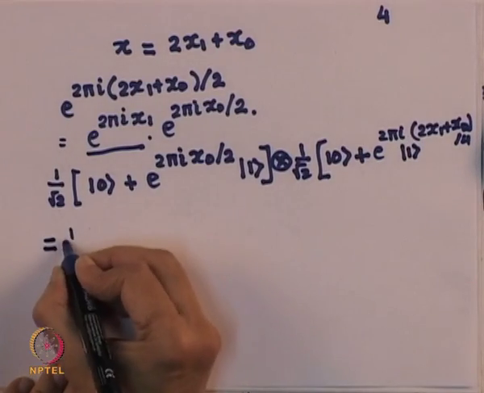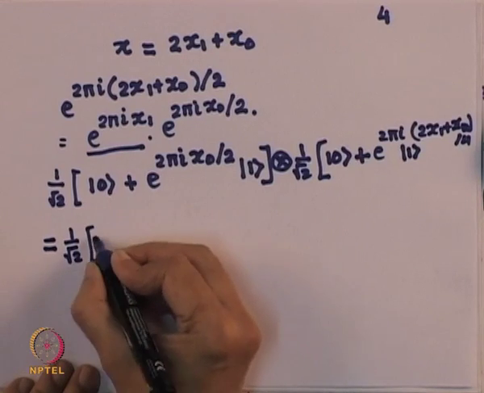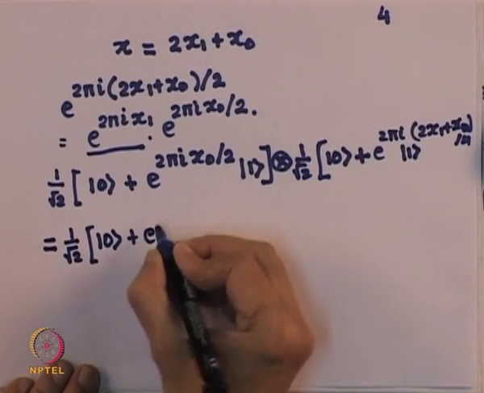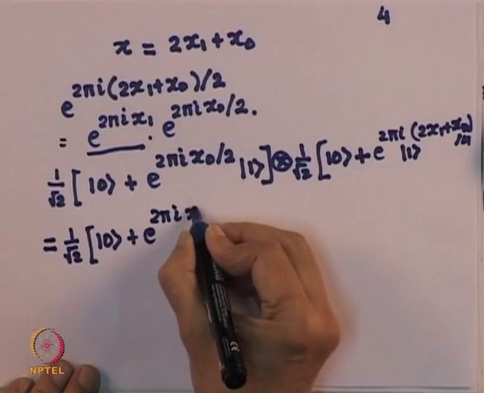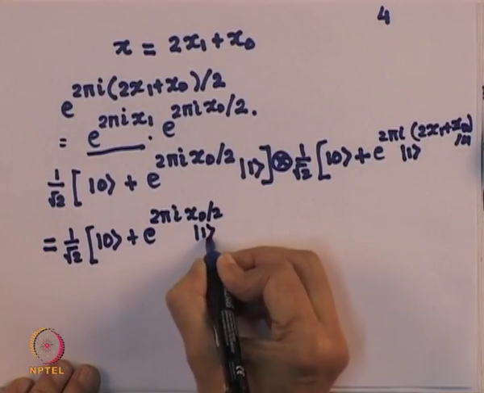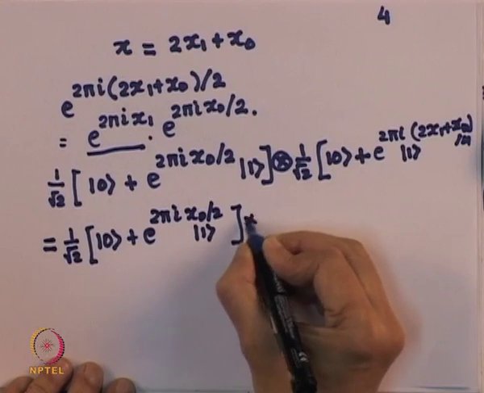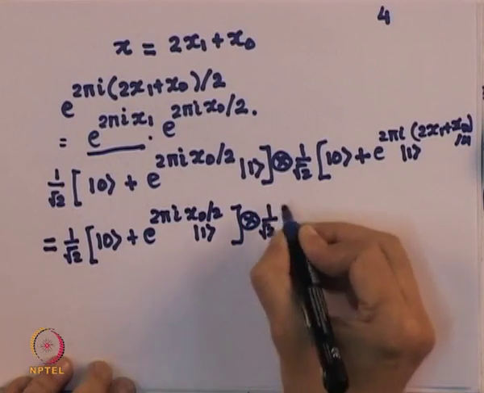I do not change the first term, let it keep the way it was, e to the power 2 pi I x0 by 2, 1, multiplied by 1 over square root of 2.